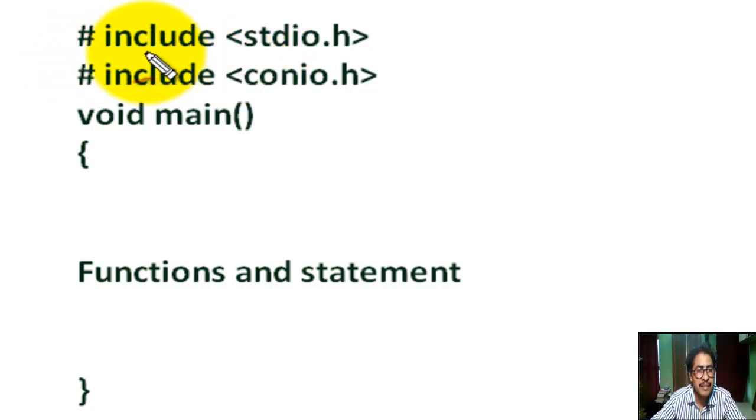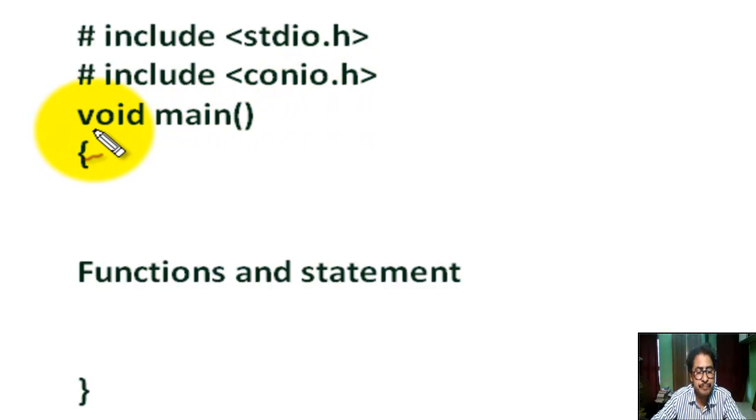We always add two header files, stdio.h and conio.h for a normal program. As per program requirement, we add some other header files.